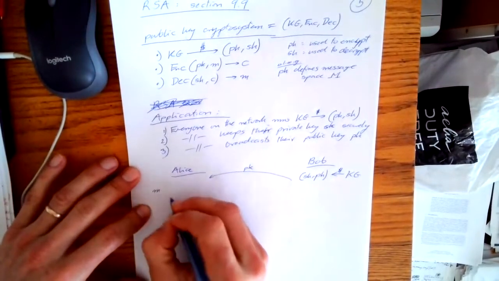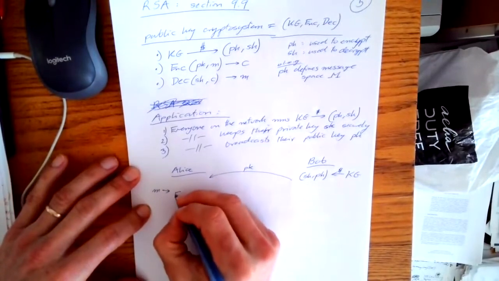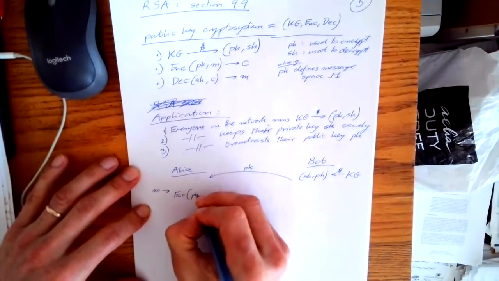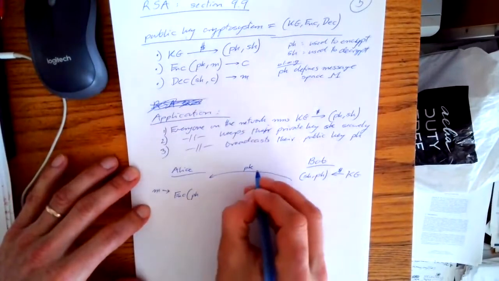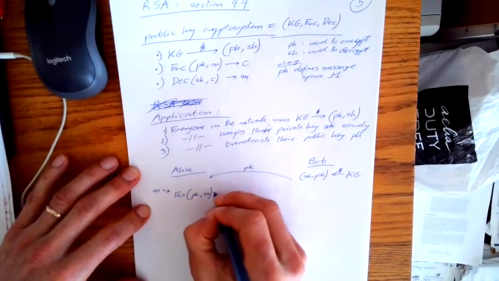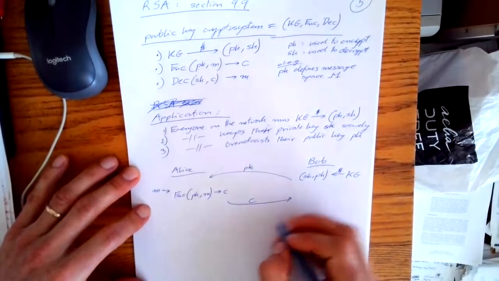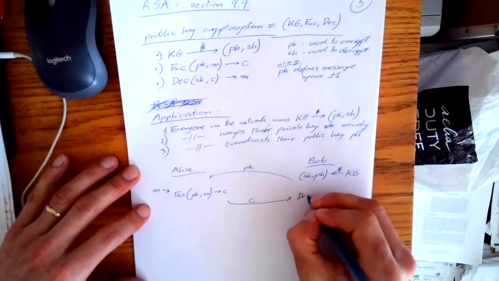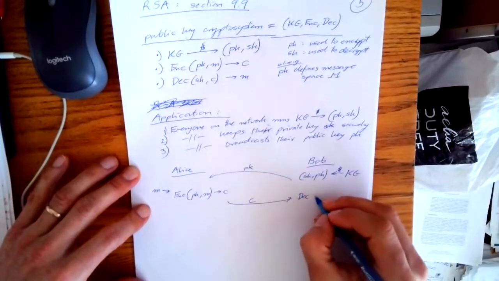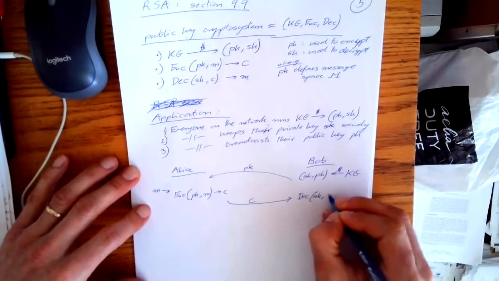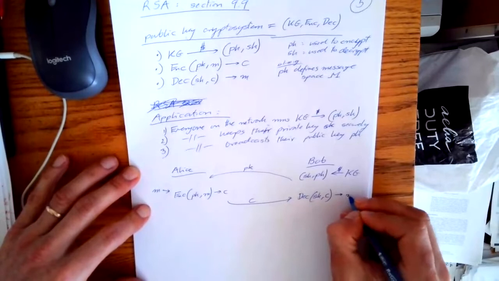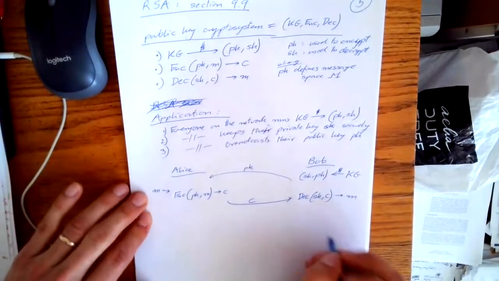Now when Alice has some message, she will use an encryption algorithm that runs on the public key that she received from Bob to create a ciphertext. She will send the ciphertext over, and Bob, who keeps the secret key, is going to use it to run the decryption, which outputs the message, right?